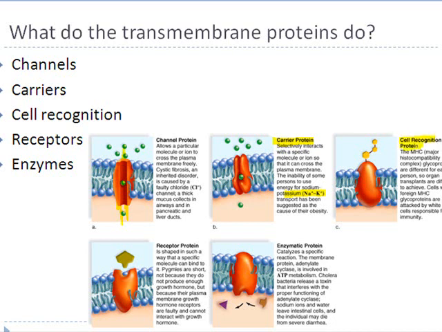A third kind of transmembrane proteins are called the cell recognition proteins, and these are usually glycoproteins. Glycoproteins means that it's got a sugar and protein linked together.